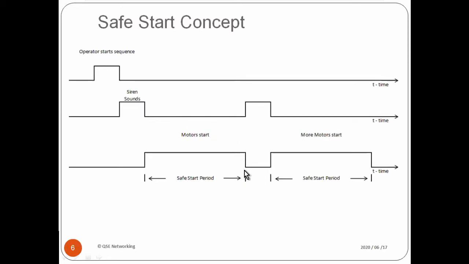When that time has elapsed, the siren has to be put on again, and then motors can continue to start until as many cycles of that is required until the plant is started. So that is what we will then do. So we need now 2 timers here, one for the siren and one for the safe start period, and they will work together so they can start each other.